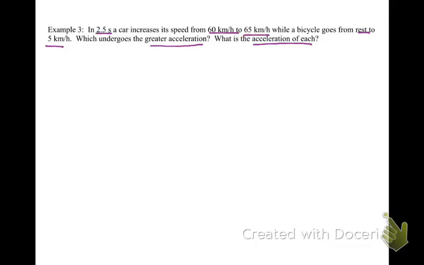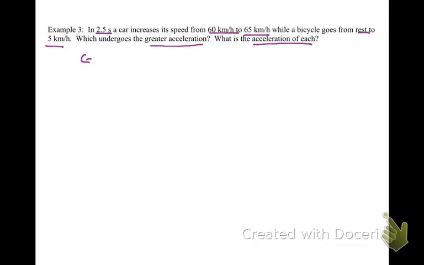First, we want to figure out what's the acceleration of each of these? And once we figure that out, we can figure out which one has the greater acceleration. So yes, the questions are asked kind of in a backwards way. It doesn't mean you have to solve them in order. You can solve for either one, whichever one makes the most sense as you're going.